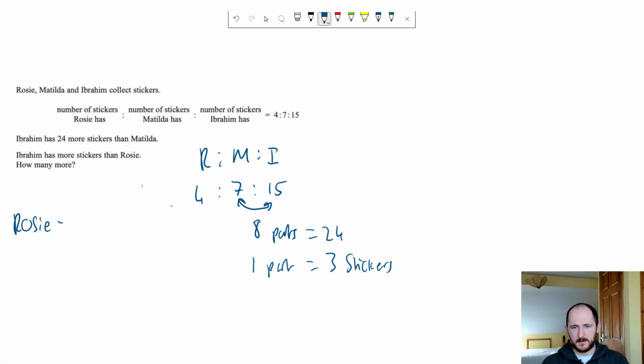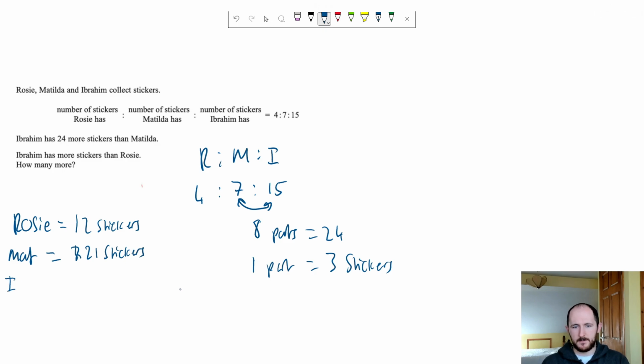So Rosie, she has 4. 4 times 3 is 12 stickers. Matilda, I'm going to write Matt, which is probably a bit confusing, but Matt gets 7 times 3, which is 21 stickers.